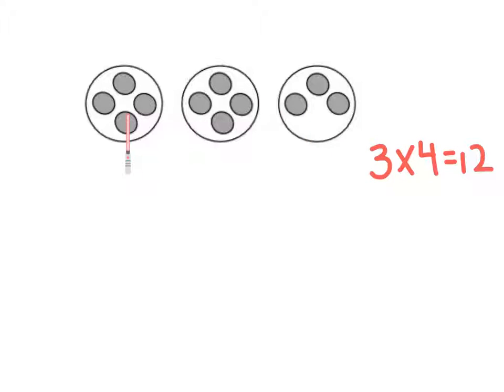I have 1 group of 4, so I'll label this 4, plus another group of 4, plus a group of 3. So I don't have 3 groups of 4. My addition sentence would equal 11, not 12. So this picture does not match this multiplication.